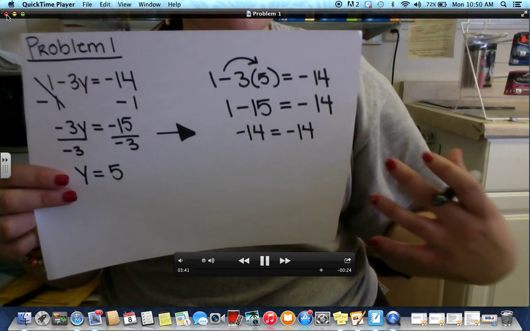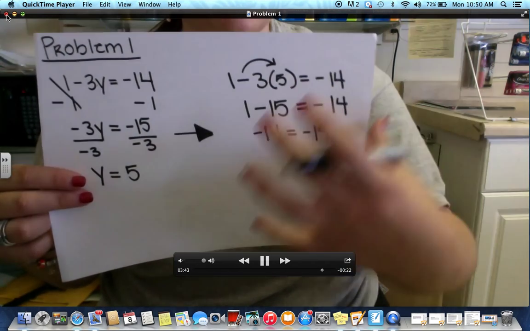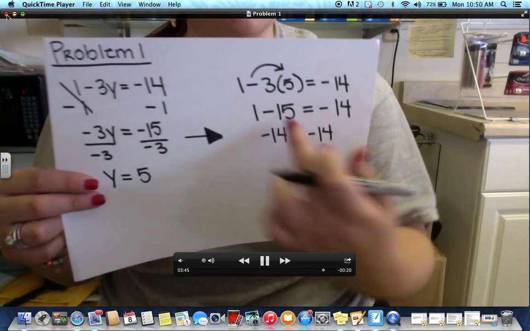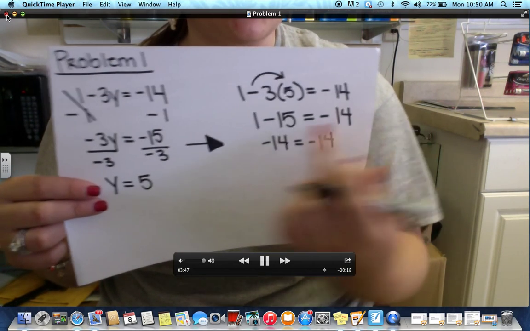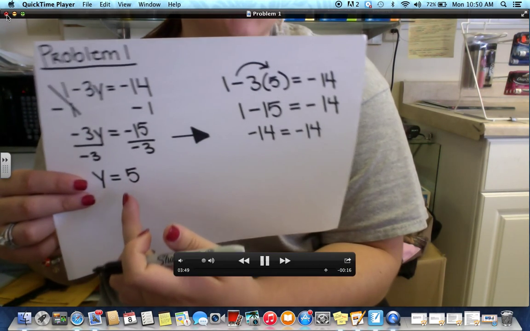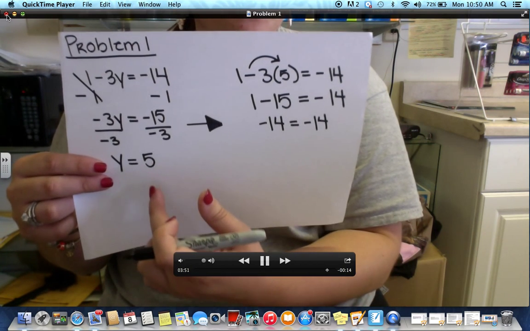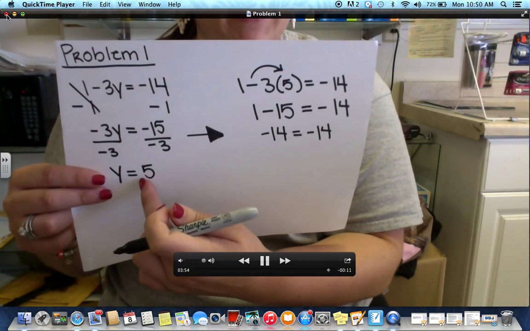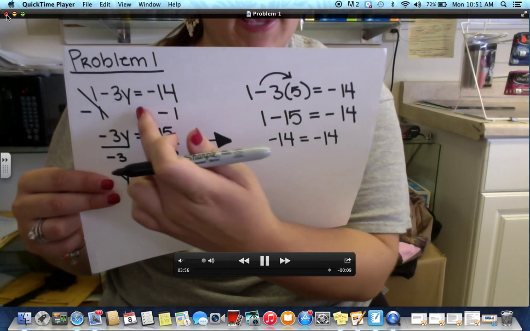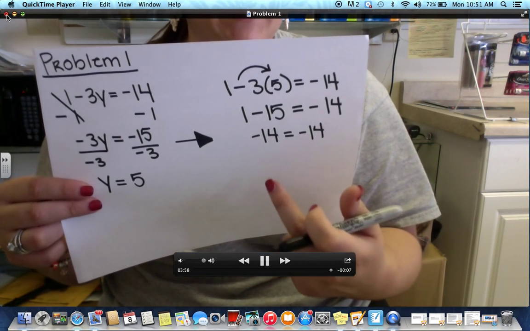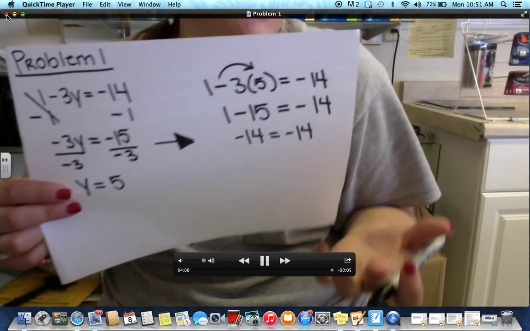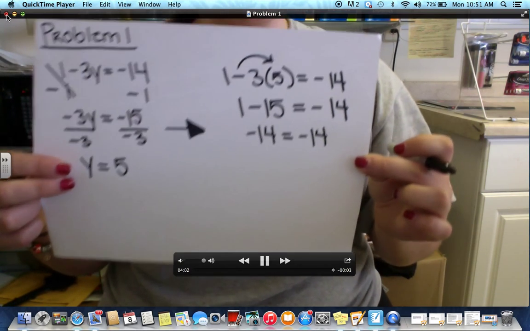So I prefer to find the answer and make sure it's correct by doing this method after I do this one. So meanwhile, I fill in the 5 for the y in order to get to this. And that's how I do problem number 1.